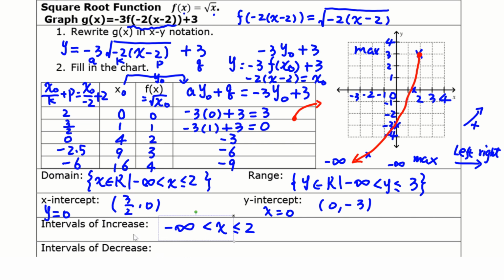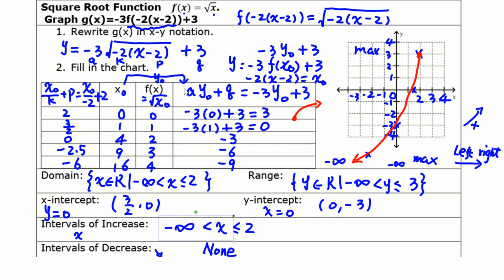So intervals of increasing or decreasing are regarding the x. What's the range of x that gives you increasing, and decreasing is when from left to right it is going down. There's no area of going down, so it's none. And this is done. So for this question, this is how you could graph it by creating the table values.